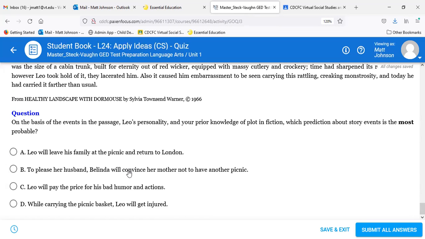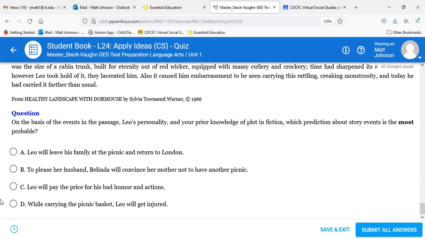A. Leo will leave his family at the picnic and return to London. B. To please her husband, Brenda will convince her mother not to have another picnic. C. Leo will pay the price for his bad humor and action. D. Whilst carrying the picnic basket, Leo will get injured. Is it D?